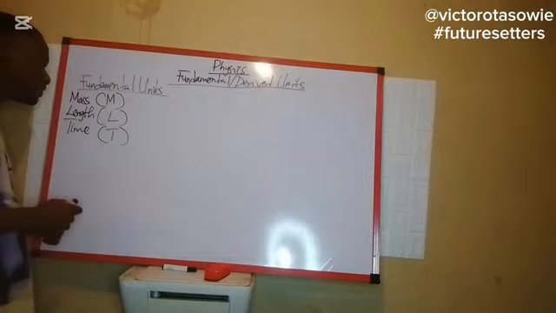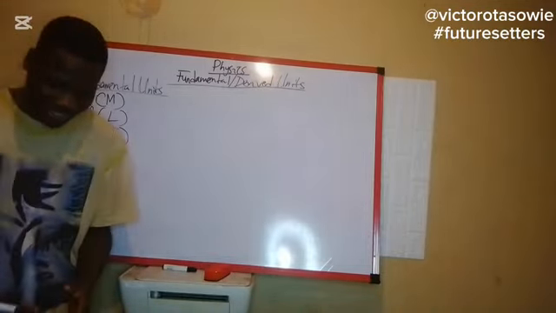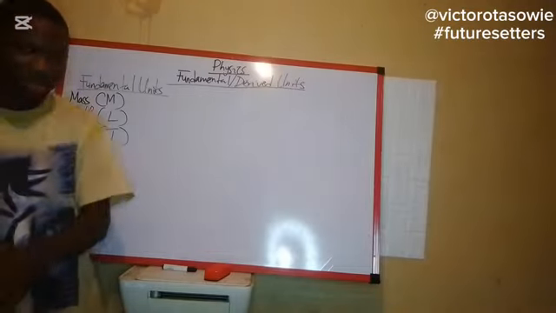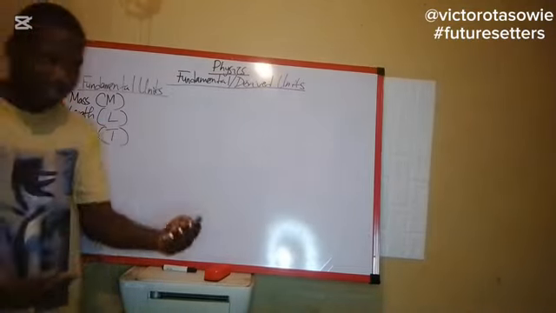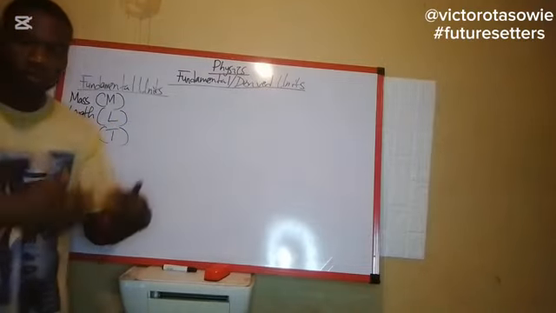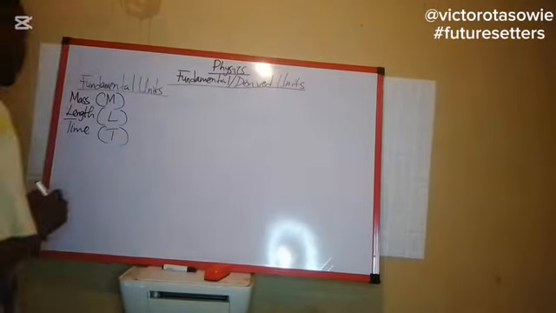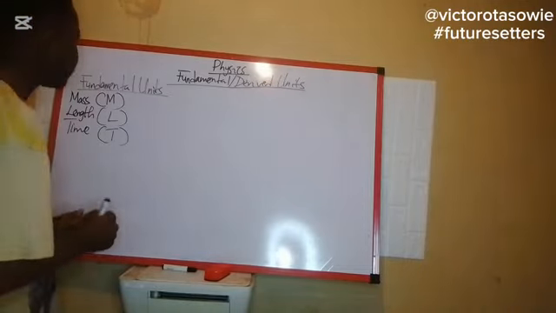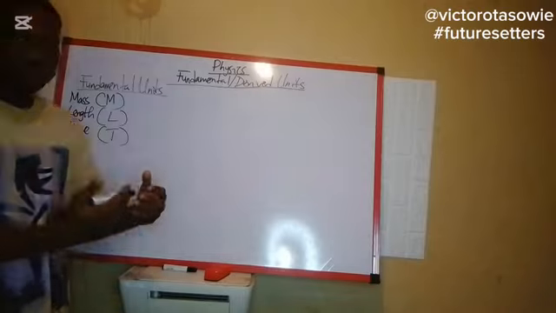Mass, length, and time. Some persons will be saying weight and mass are the same. Left to me, weight and mass are not the same. There is a difference between weight and mass. Now, how are we going to use this to solve questions?